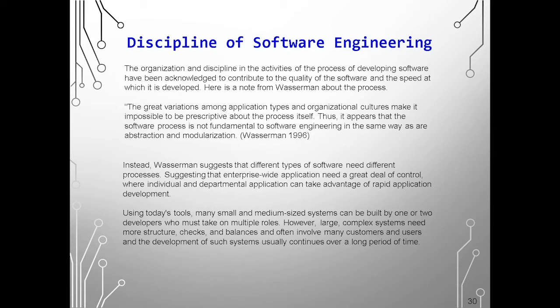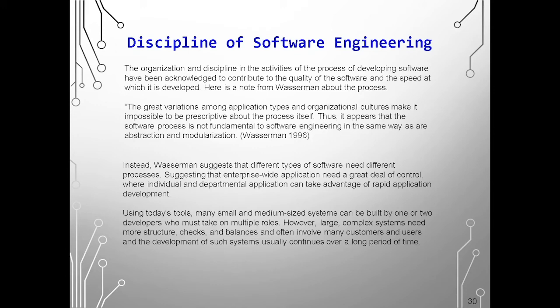Here you can see a quote from Wasserman again. It goes something like, "The great variations among application types and organizational cultures make it impossible to be prescriptive about the process itself. Thus, it appears that the software process is not fundamental to software engineering in the same way as are abstraction and modularization."